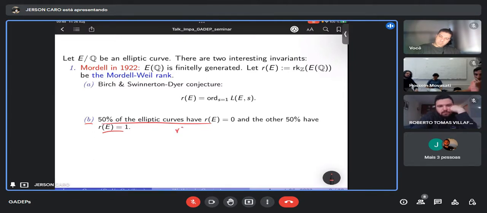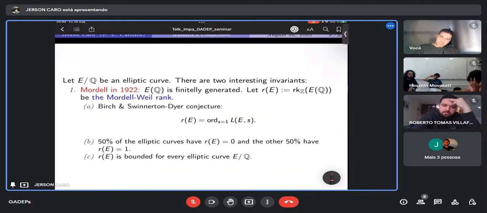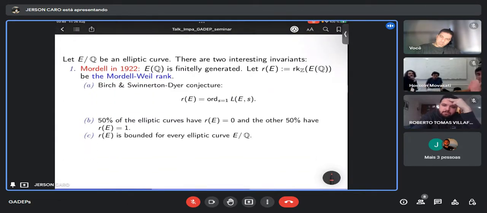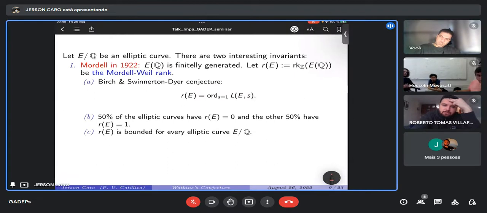What I said is that it could be that the number of elliptic curves that have rank at least 2 is infinite, but what I need is that the density of this set is 0. And finally, there is another important conjecture that says that for every elliptic curve, this rank is bounded.